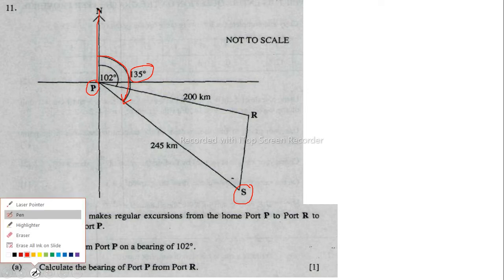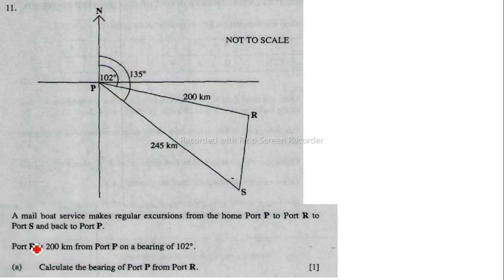What is the bearing of port R from port P? 102. Very good, because we want to know the bearing of port R from P. So we start at P, we draw our north.